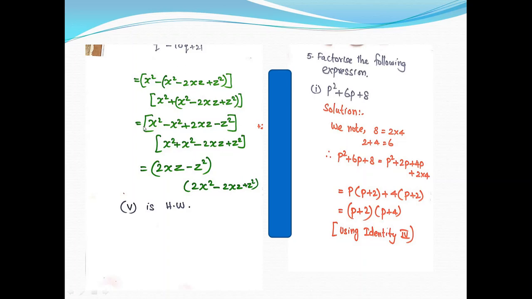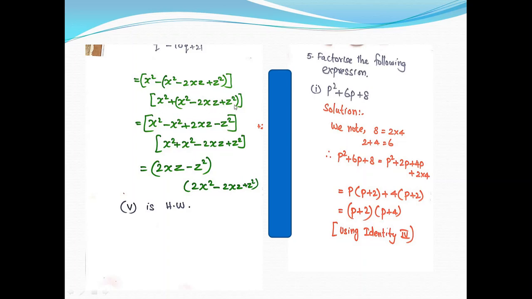So when we simplify this in the next step, we can rewrite it as x square, and when you open this bracket, all the symbols of each and every term will change. So minus x square plus 2xz minus z square.